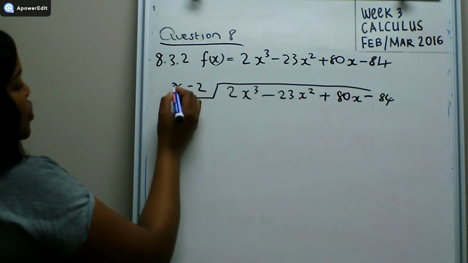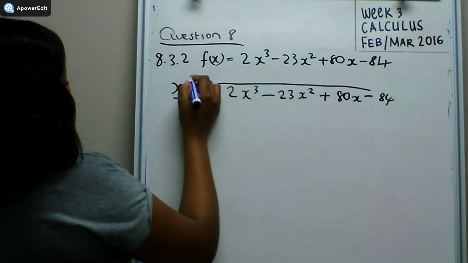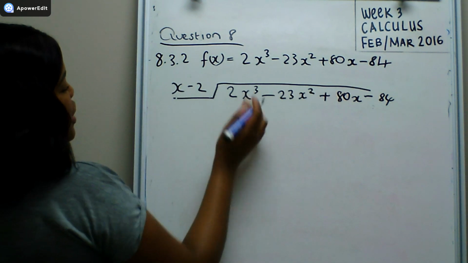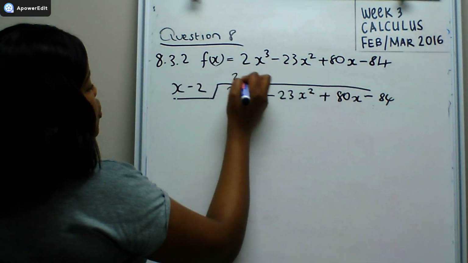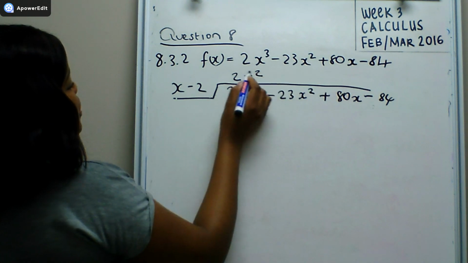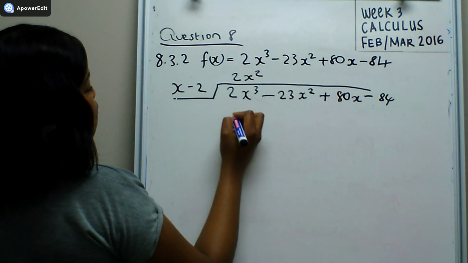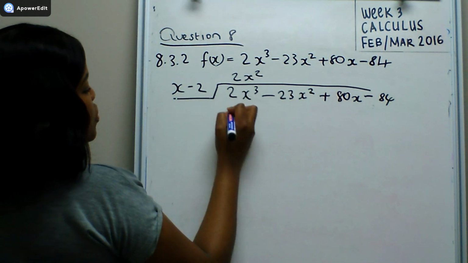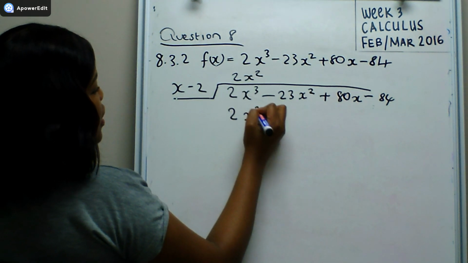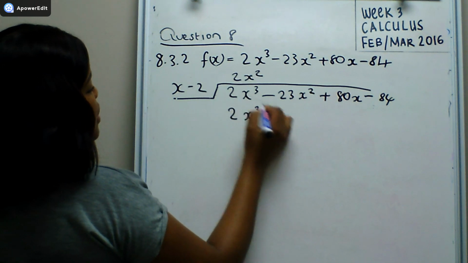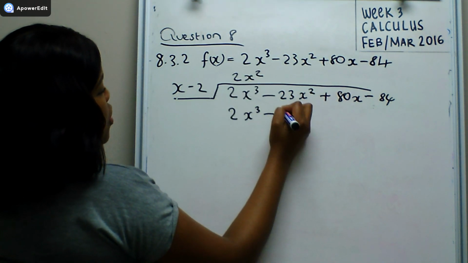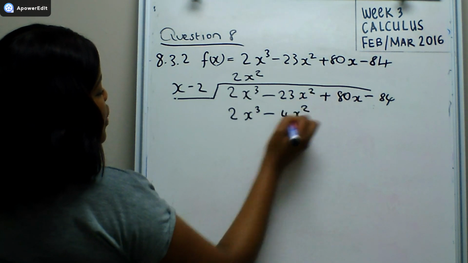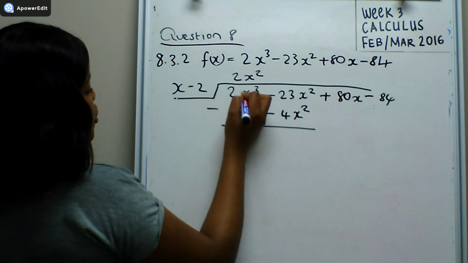On the outside of the arm, I put x minus 2, and inside I put the equation of f. Then I start factorizing. When you do the long division, you ask yourself which term, when you multiply with the x on the outside, gives you 2x to the power 3.